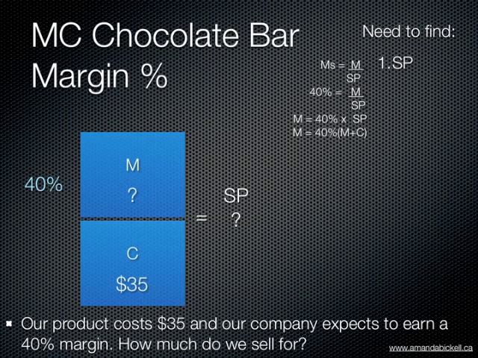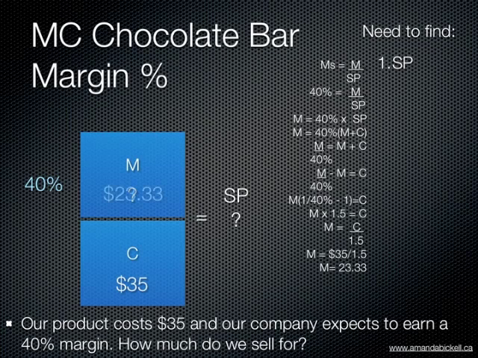We can then get rid of that 40% over to the other side, isolate the margin numbers on one side, take out that margin, calculate the 1 over 40% minus 1, comes out to 1.5, divide both sides by 1.5, throw in our cost number, and we end up with a margin of 23.33. We can then add those two things together, knowing that selling price is a combination of margin plus cost, and we end up with the 58.33.